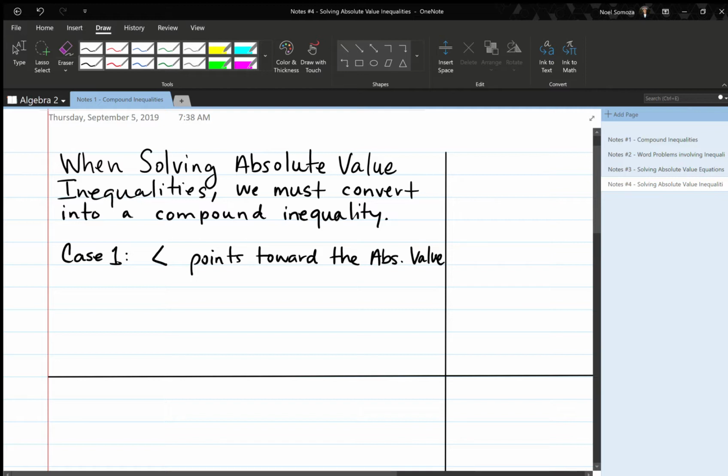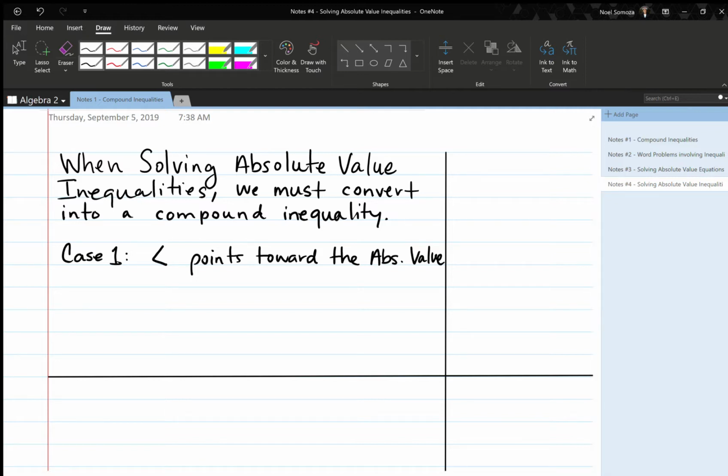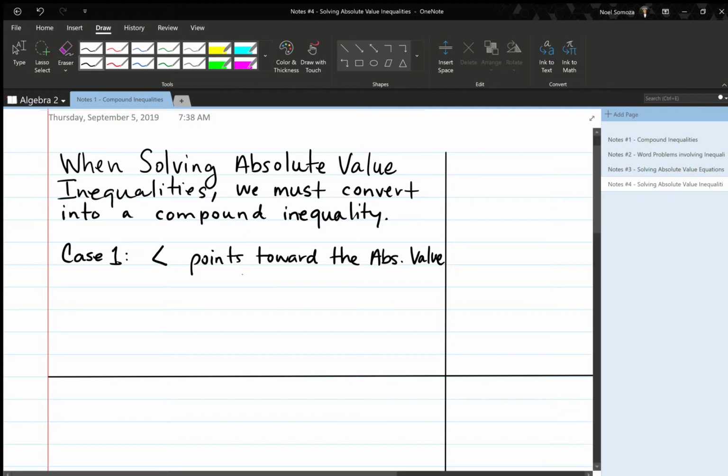When that happens, that means that we have an and inequality, which means that we're going to have to create a sandwich. So this represents and. Highlight this: if it points towards the absolute value, then you get an and problem.